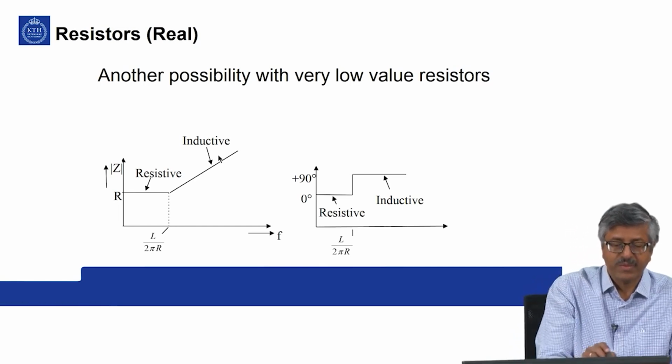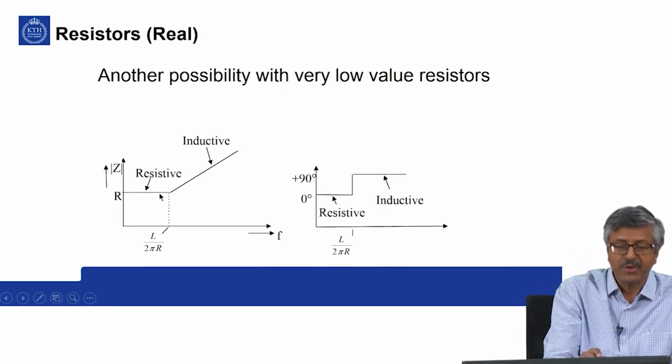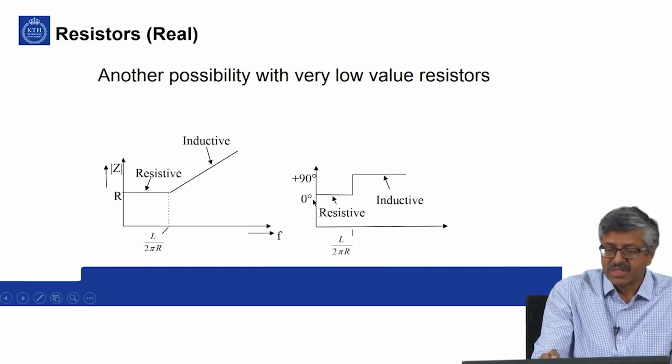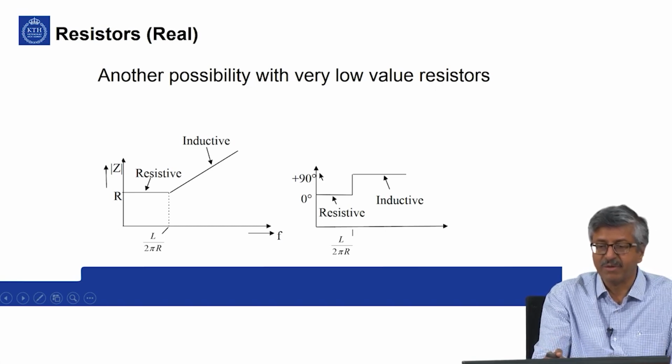So from resistive to inductive, it goes directly without going through the capacitive phase. So you have resistance and inductance, and the phase angle. This is another possibility with very low value resistors.